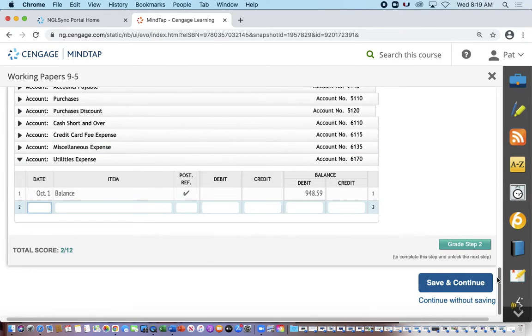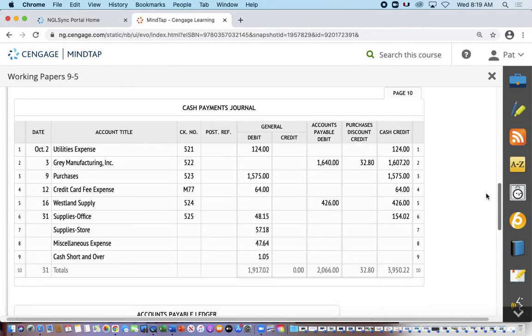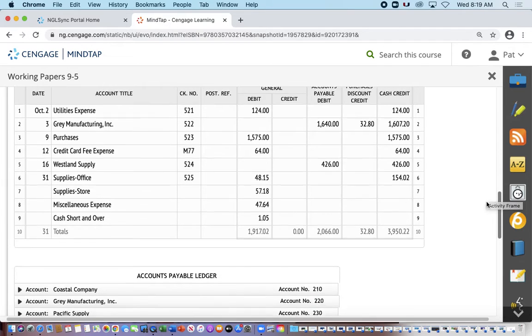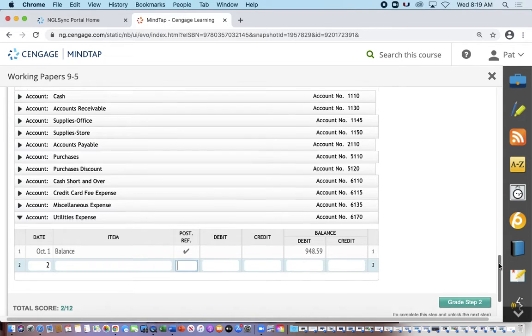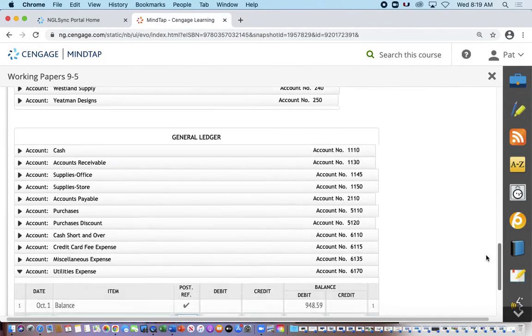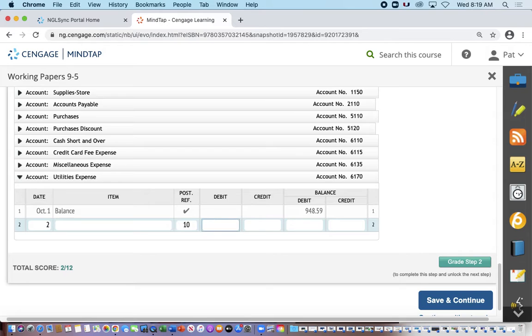All right. So utilities expense here is October 2nd, debit at 124. What's the page number? 10, you said? 10. Okay. We have a debit of 124. I wonder if I got these so we don't have to hit the calculator all the time. This is going to be tedious.